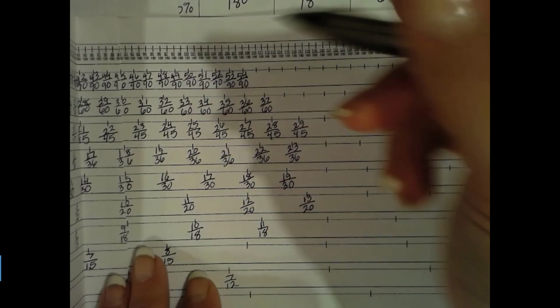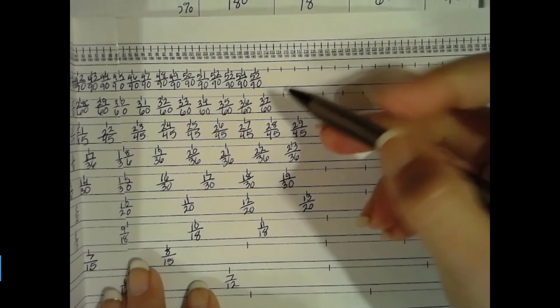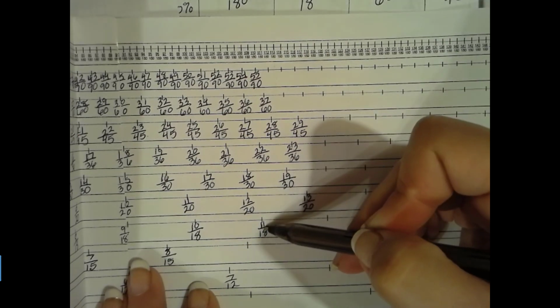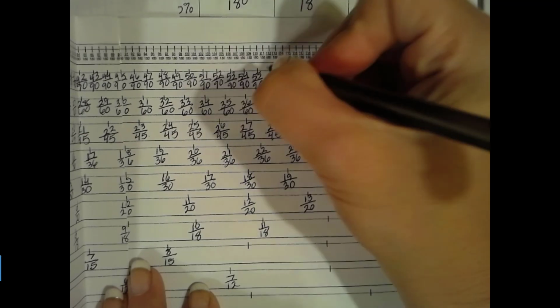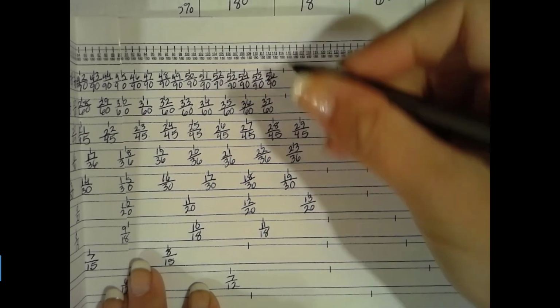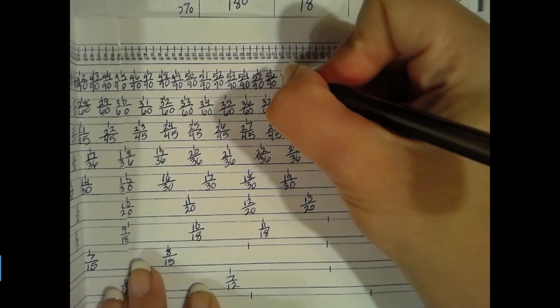Okay, then we have 55/90, which is equivalent to 22/36, which is equivalent to 11/18. That's our simplest form. 56/90 is equivalent to 28/45. That's the simplest form.